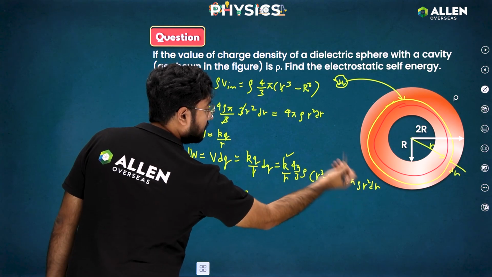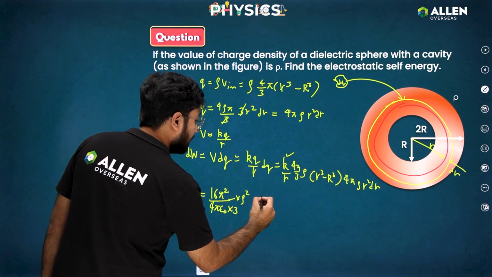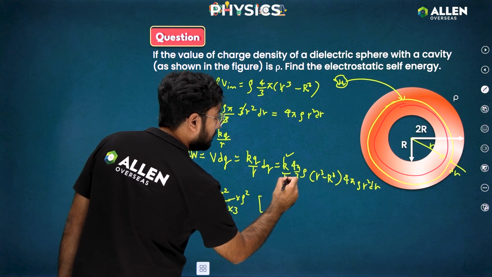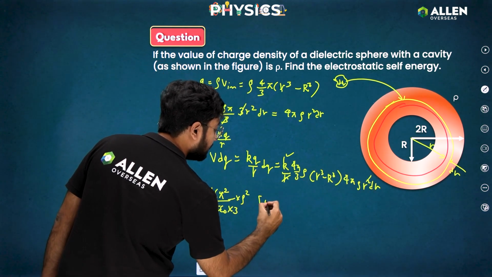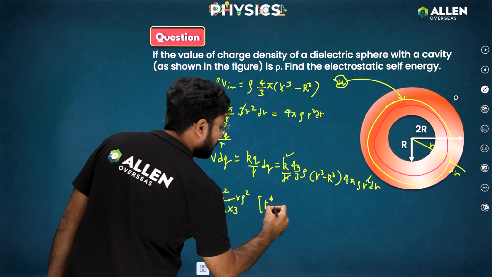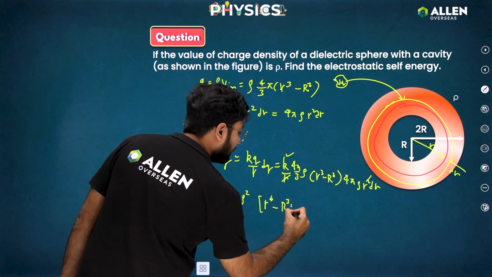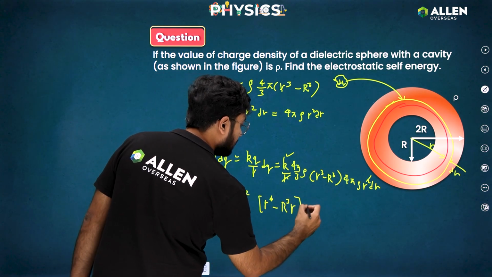There is rho here, rho is here, inside 1 r gets cancelled, right? So this thing will be equal to r to the power 4 minus r cubed into r dr.